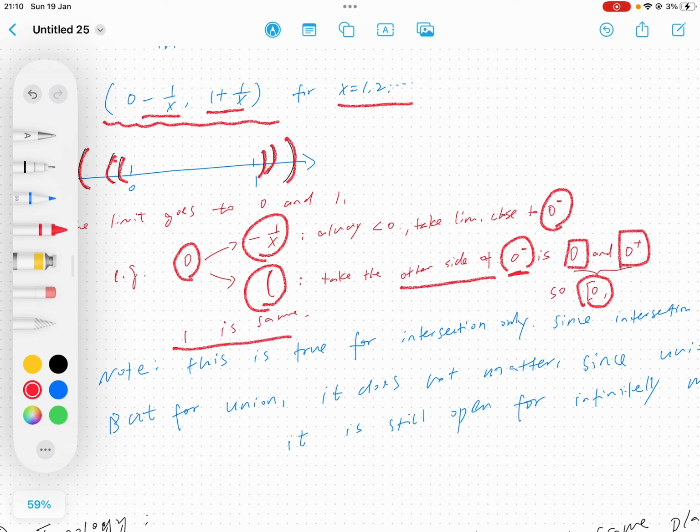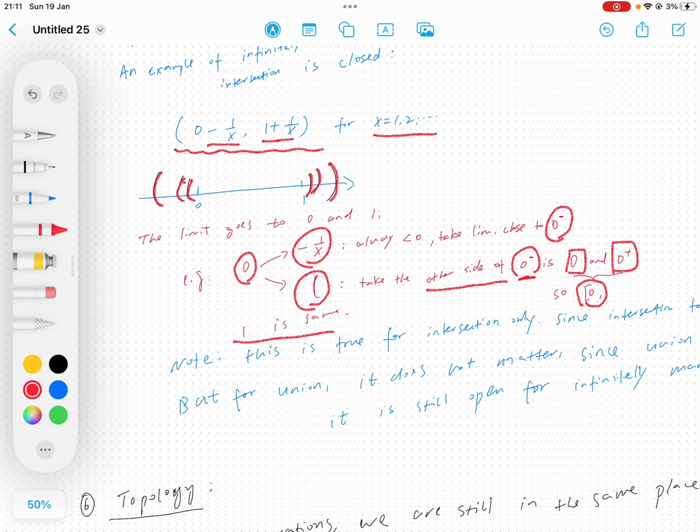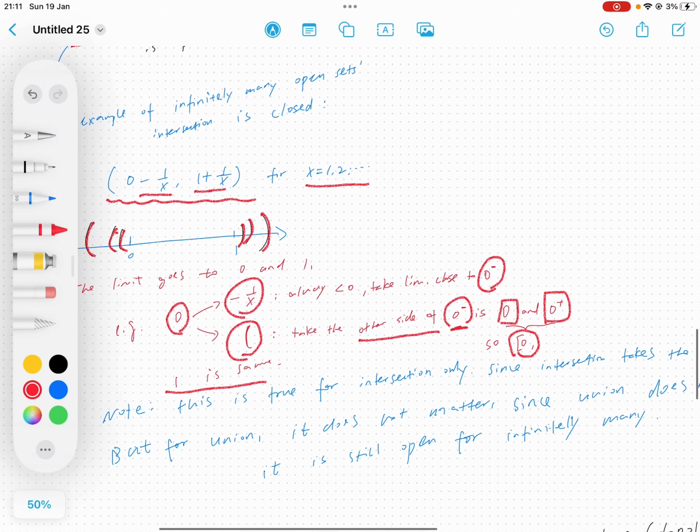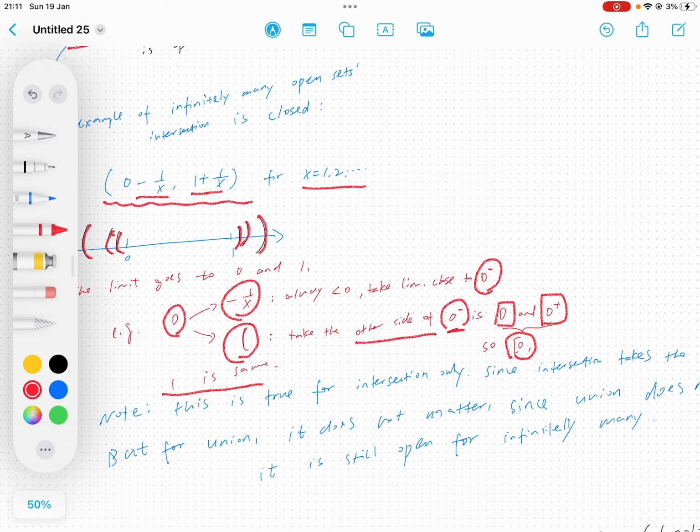Okay, but this is only true for the intersection, because the intersection takes just the common elements, right? So that would be the 0 to 1, this smallest, this most inside part, right? But for the union we just mentioned, we do not need this, right?